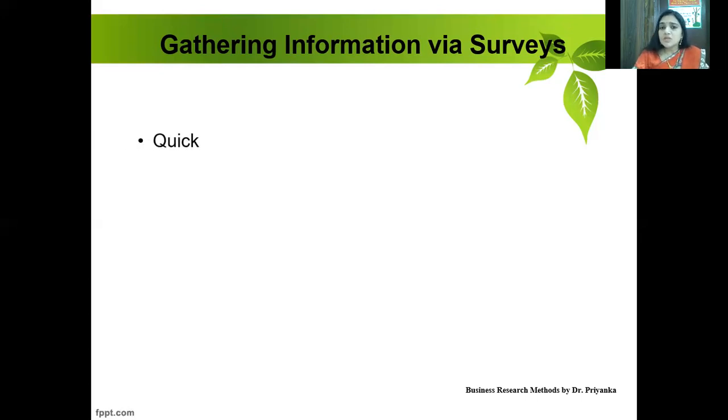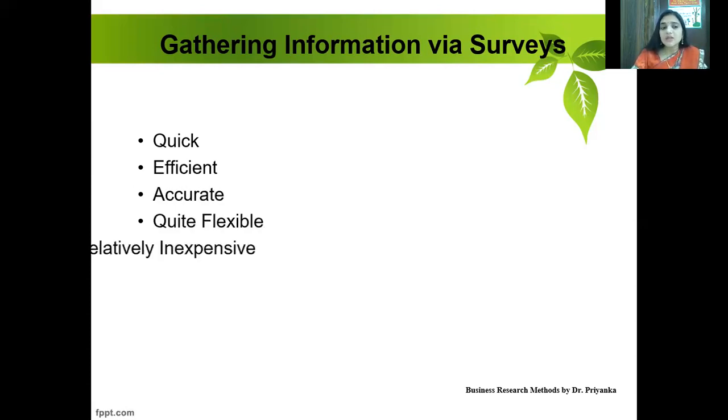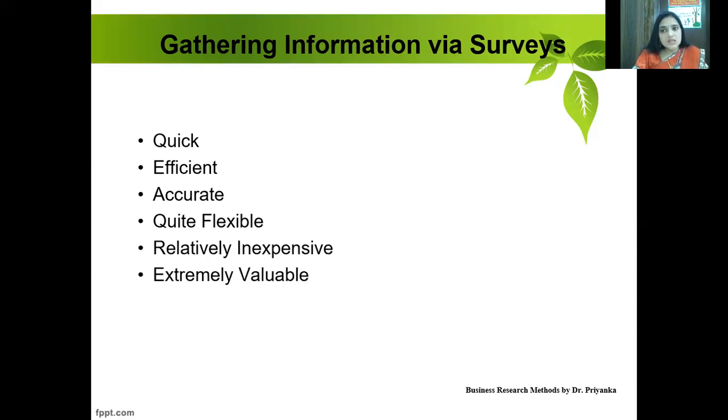So gathering information through surveys is very quick, efficient, accurate, quite flexible as well, relatively inexpensive, and extremely valuable. Surveys are more expensive than secondary data, but still quite inexpensive compared to some other methods we'll be discussing in further slides.